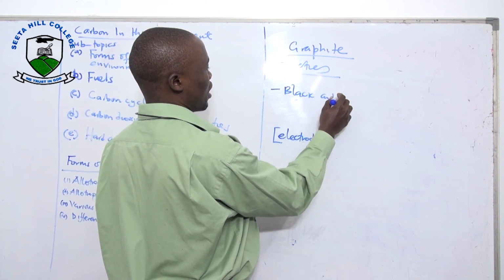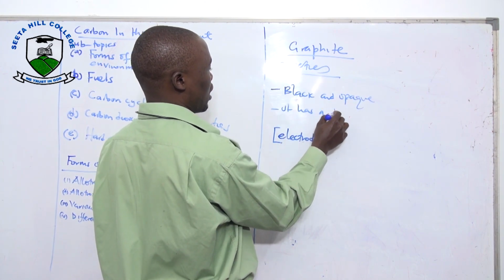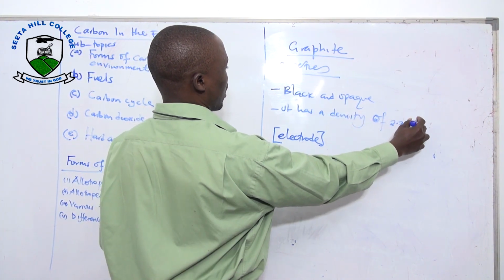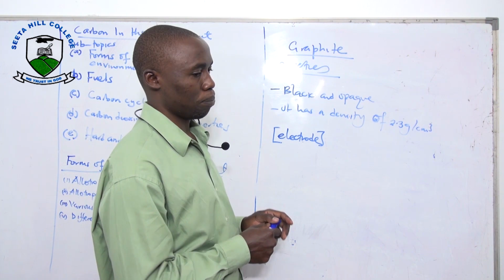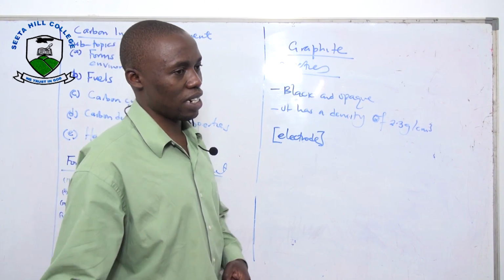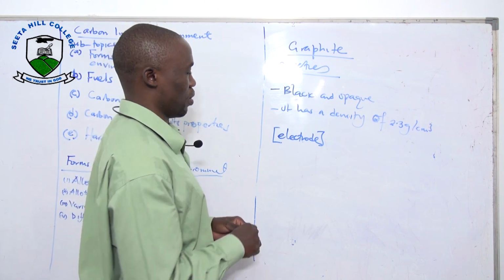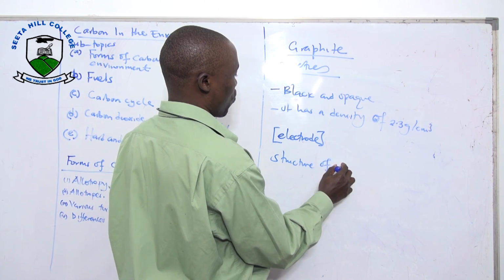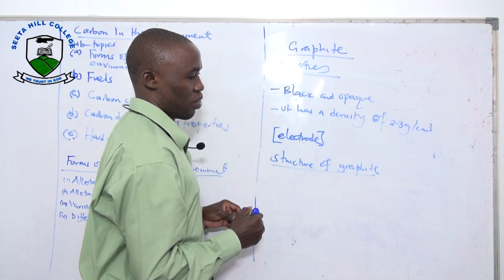It has a density of 2.3, meaning it is less dense than diamond. Structure of graphite.